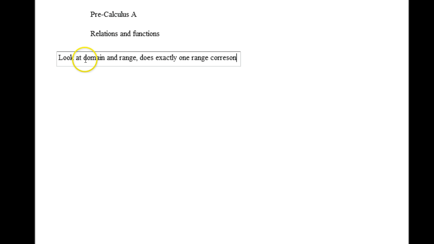We could also look at domain and range. Does exactly one range value correspond with each unique domain value?